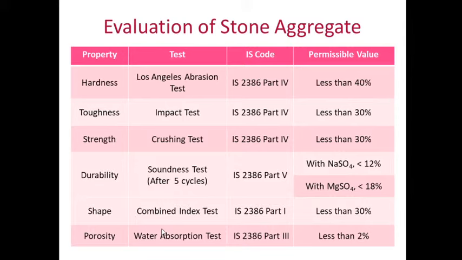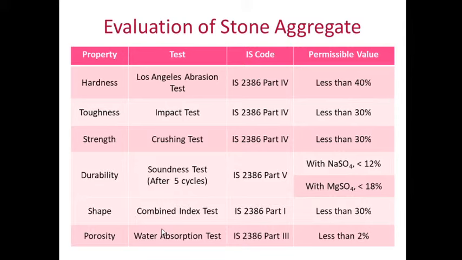Then another property is shape. The aggregate which is used for road work should be in angular shape. Then only there may be a bonding between aggregate to aggregate. So the aggregate which is collected from river bed should not have an angular shape, that is called boulders. Then there may not be any bonding between aggregate to aggregate.